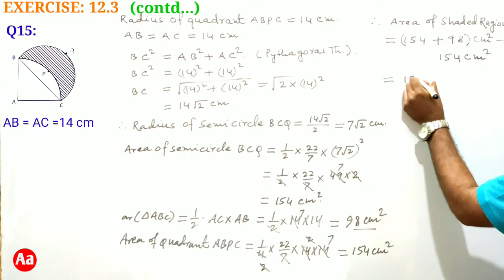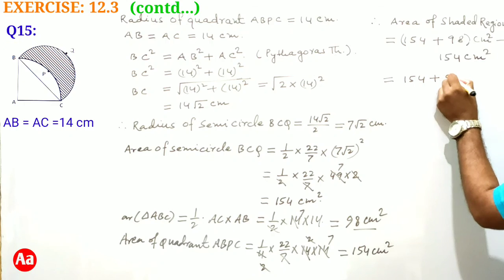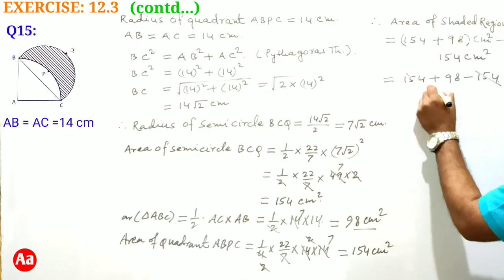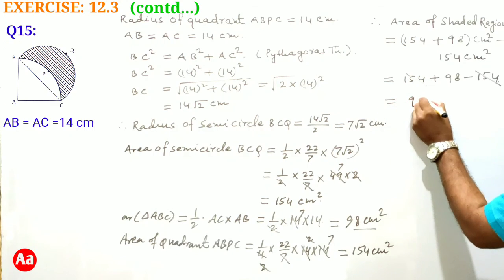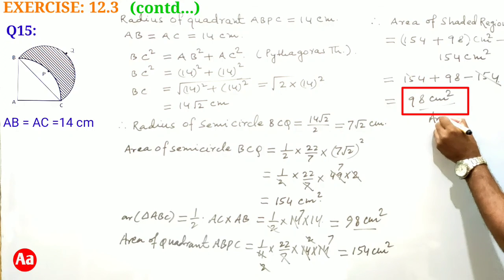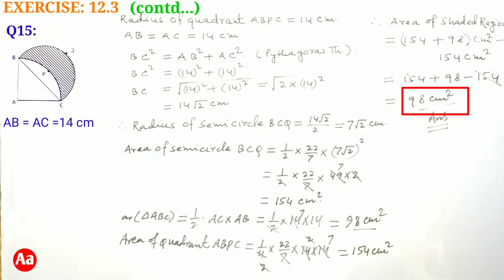This is 154 plus 98 minus 154, 98 centimeter square. This is the area of the shaded region, and so it is the answer.